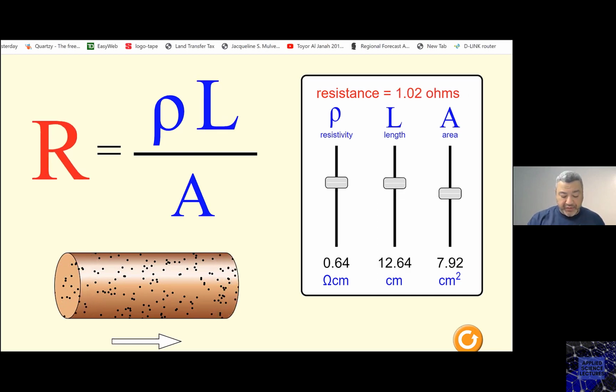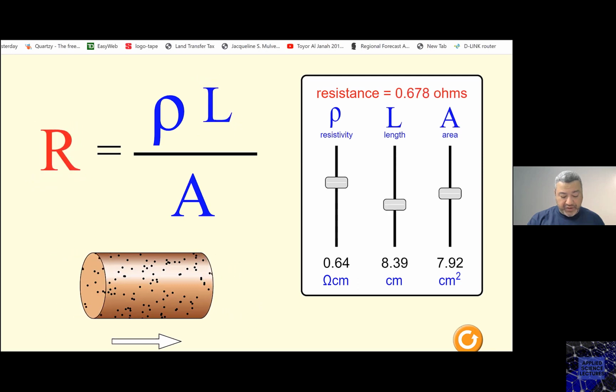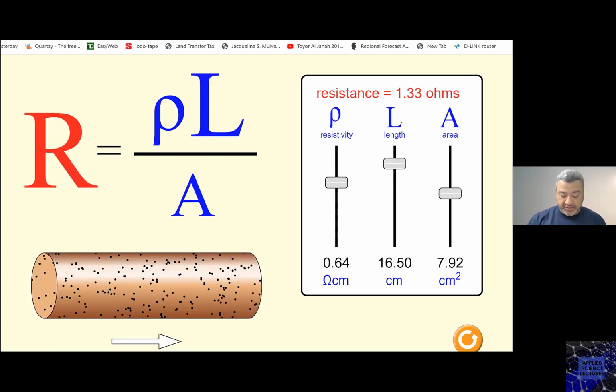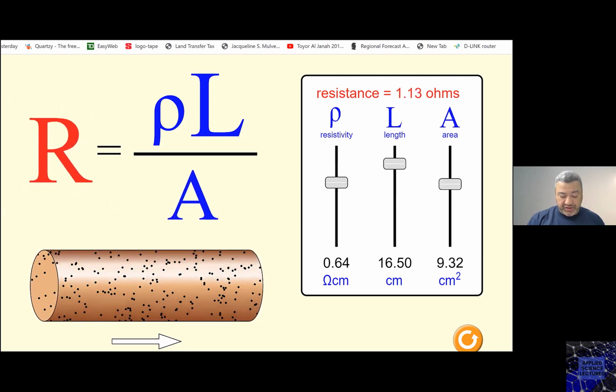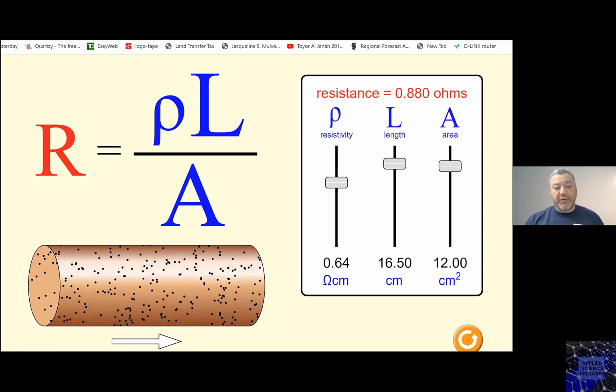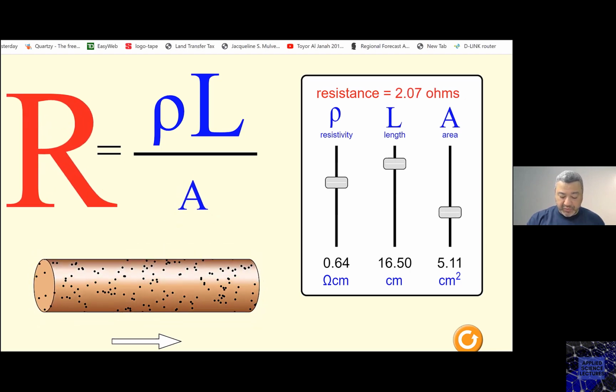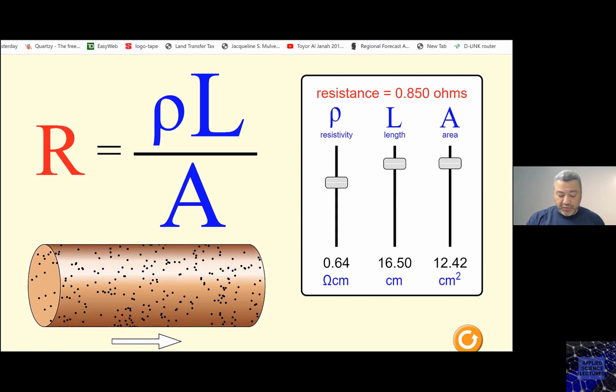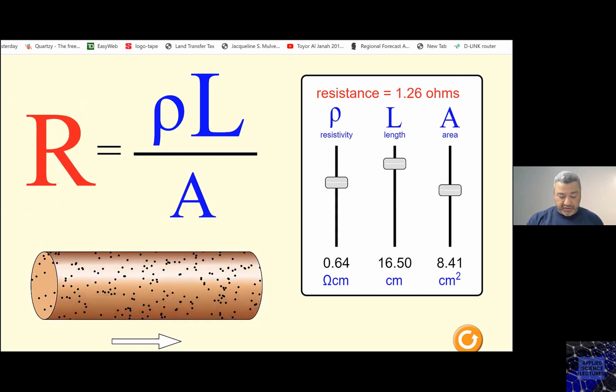The length, if you increase the length, the resistance is going to increase. So it's proportional to the length, and it is inversely proportional to the cross section, because once you increase the cross section, you are allowing more ease of flow through this material. So the current will be flowing easily when you increase the cross section, and you can see it in this application.